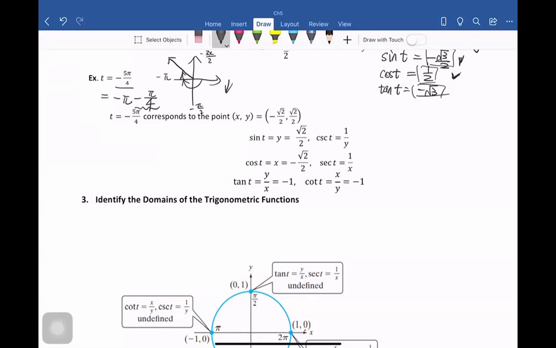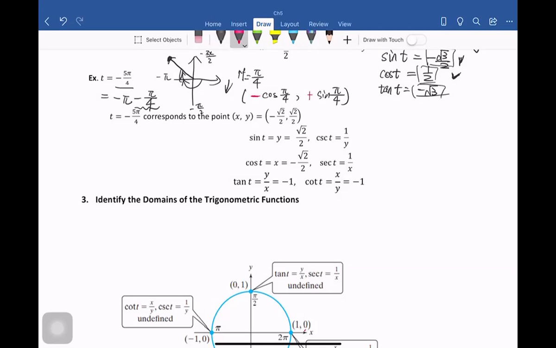So what's the reference angle? The reference angle is pi over 4. So the point here is cosine pi over 4, sine pi over 4, and decide what's the sign for that. The x in the second quadrant is negative. The y is positive.